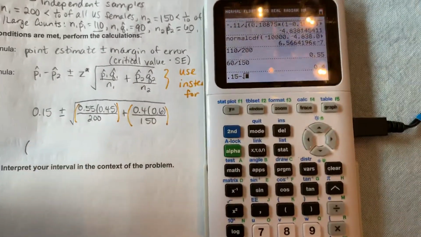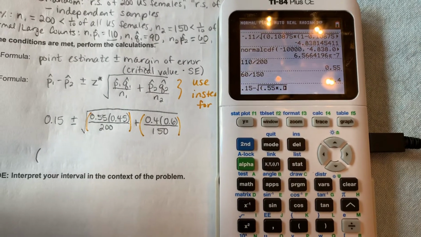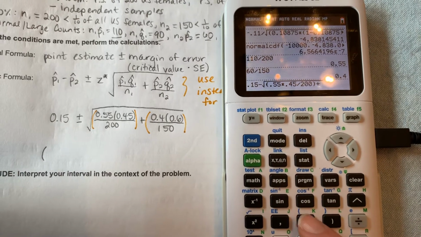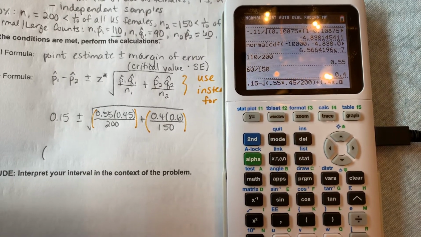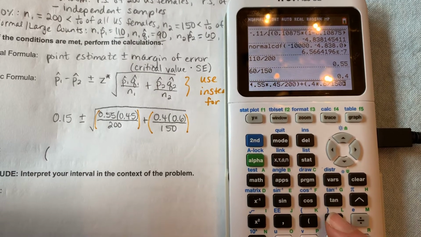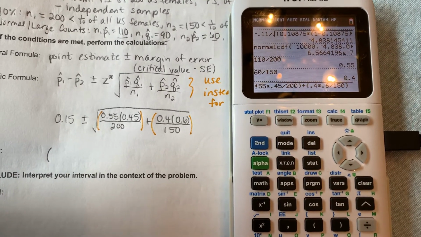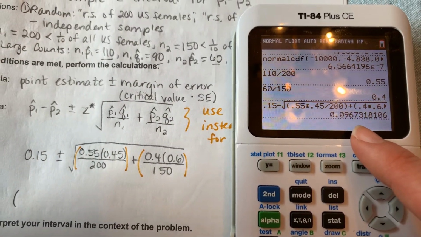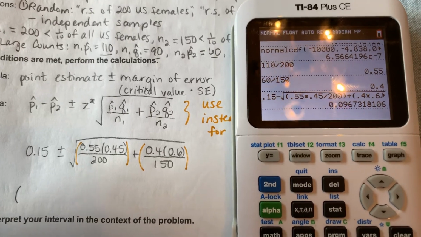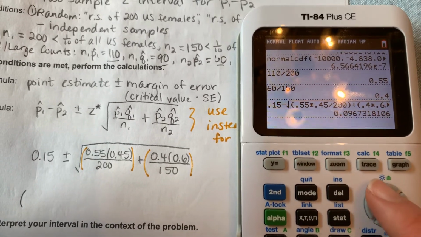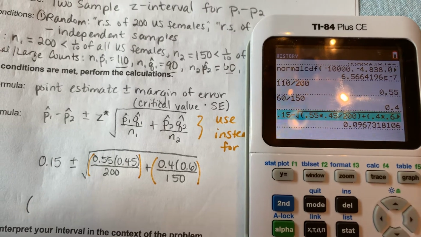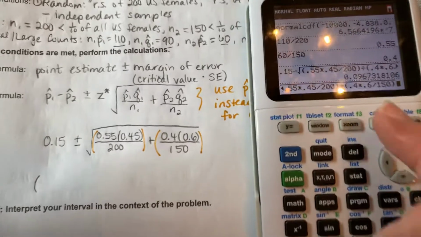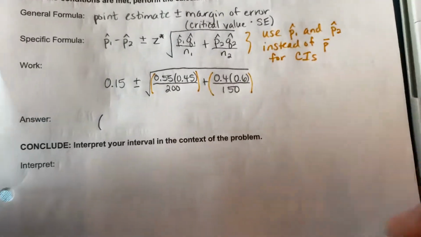So parentheses 0.55 times 0.45 divided by 200 and my parentheses, plus a new set of parentheses 0.4 times 0.6 divided by 150 and my parentheses. Okay, and then I hit enter. I get 0.096. Just want to make sure that I typed that all out correctly real quick. I believe I did. Yeah, okay. So I get 0.0967. I'm going to round to 3 decimal places.